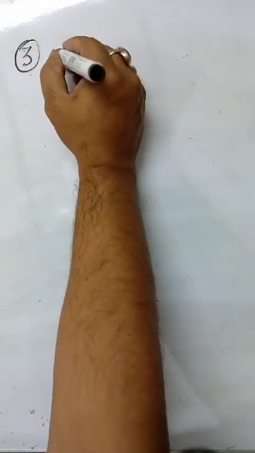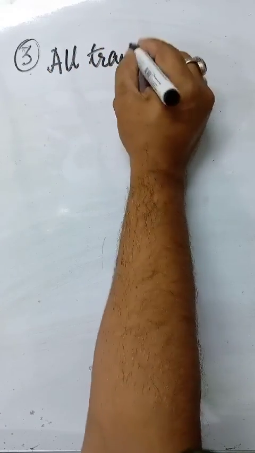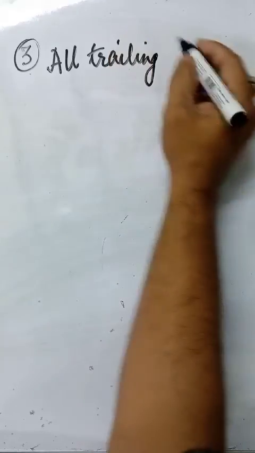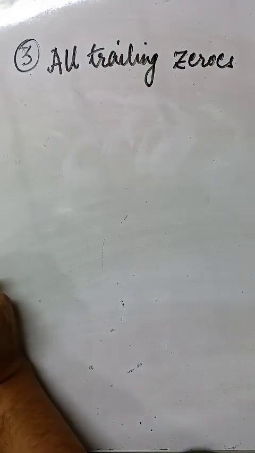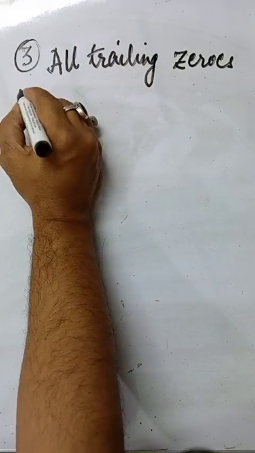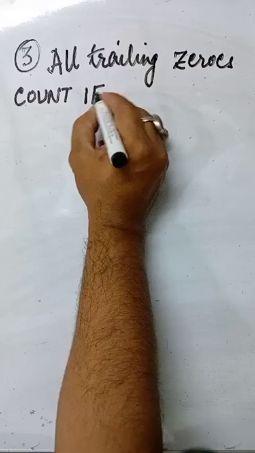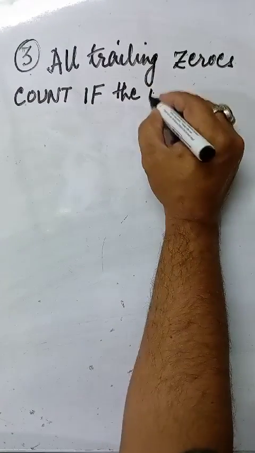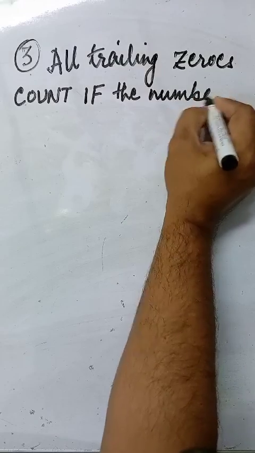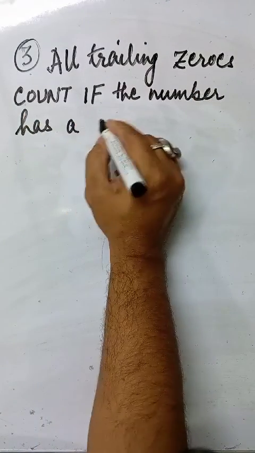The third rule is all trailing zeros count if, so there is a condition, count if the number has a decimal in it.